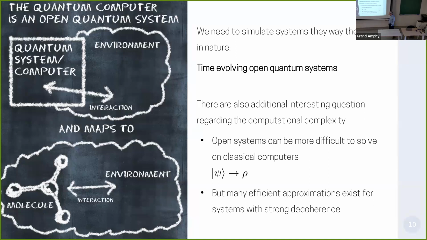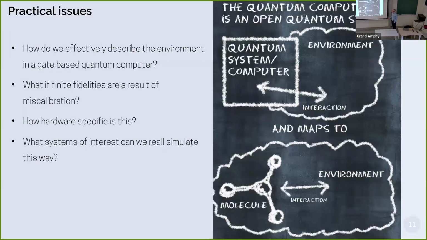But here you can directly consider the fact that the quantum computer has decoherence. A lot of practical issues, of course, arise once you want to do this.